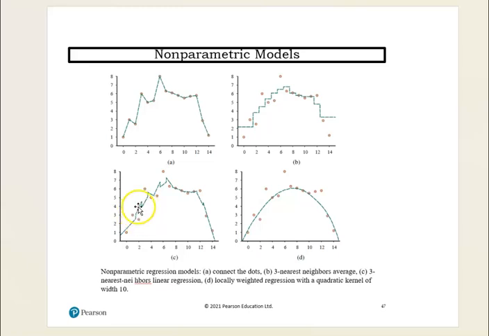And then we take the next 3 best neighbors, and we fit the best line, and so on. Instead of just taking the average of the 3 points, we try to fit a line through them. This does a better job of capturing trends at the outliers, but it's still discontinuous, as you can see.